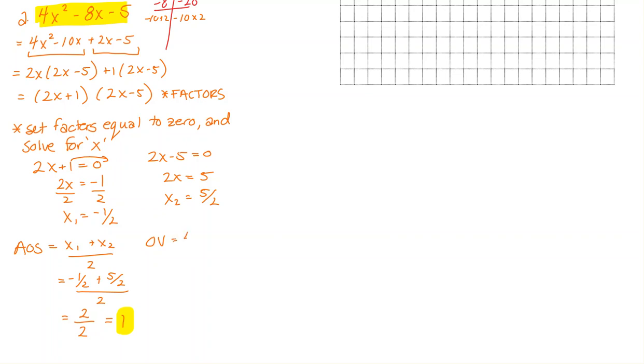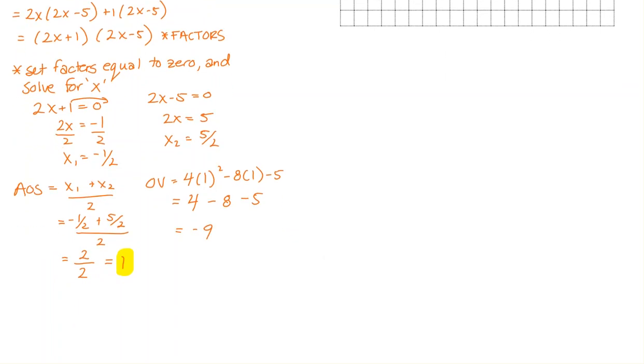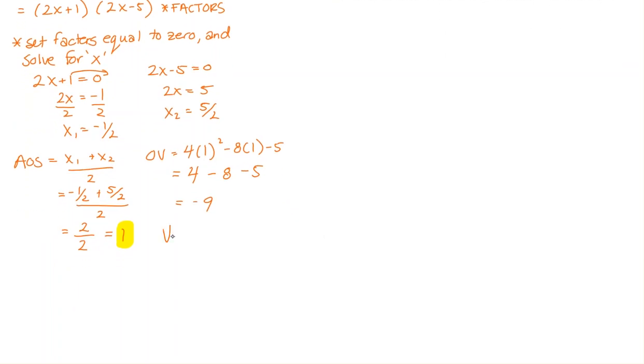So we have 4 times 1 squared minus 8 times 1 minus 5. Well, 1 squared is 1, times 4 is 4, minus 8 times 1, and minus 5. 4 minus 8 minus 5 gives us negative 9. Okay, that is our vertex. Our vertex, therefore, is (1, negative 9).